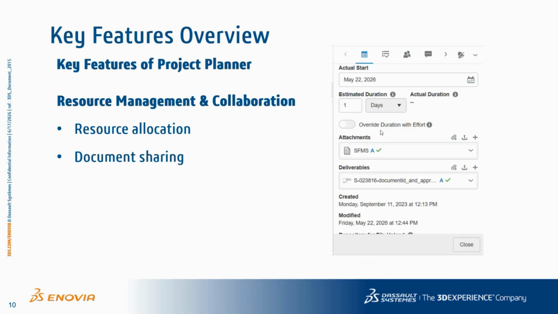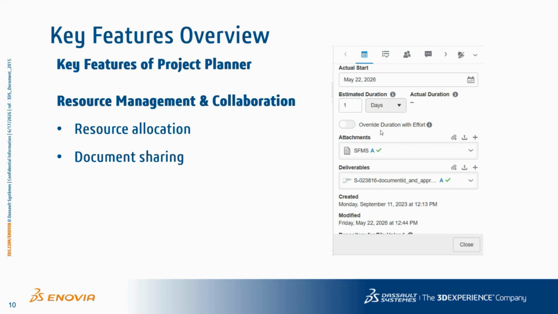Then you have document sharing capabilities. Any document which you want to share as a deliverable or as an attachment to the person to whom you are assigning the task, this project planner has the capability to attach. Documents can be your Word, PowerPoint, Excel, any specification document, any assets.